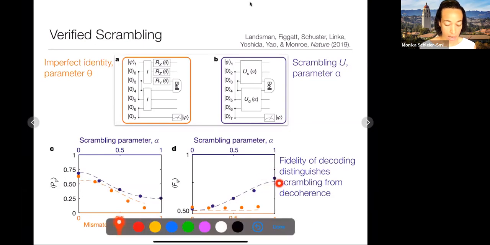And so this increase in fidelity shows that this isn't just decoherence causing this correlation function to decay, but it really is the process of scrambling. So that's a neat positive signature of the scrambling, but also a toy model demonstrating this idea of decoding the Hawking radiation.